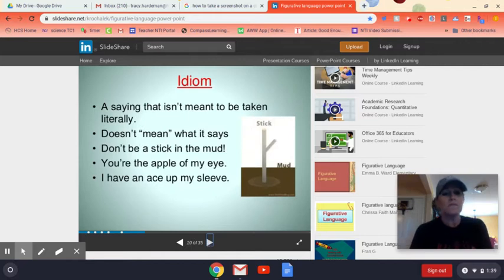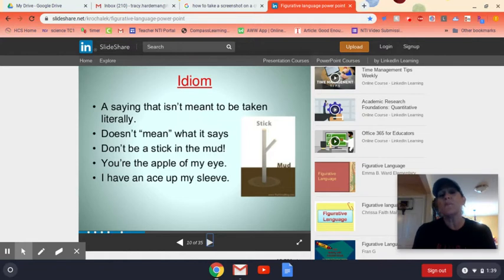Let me go to this one. This one, an idiom. An idiom is a fun one to do. It's definitely a great example of how figurative language really doesn't mean what you are really saying.